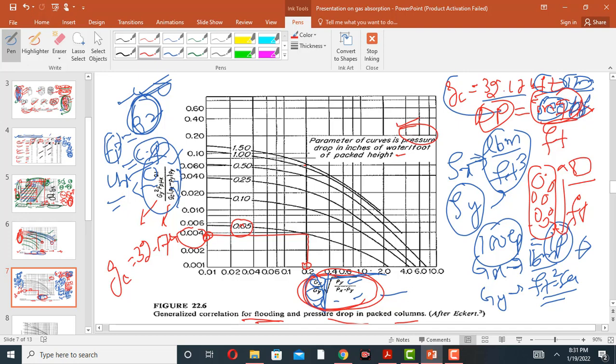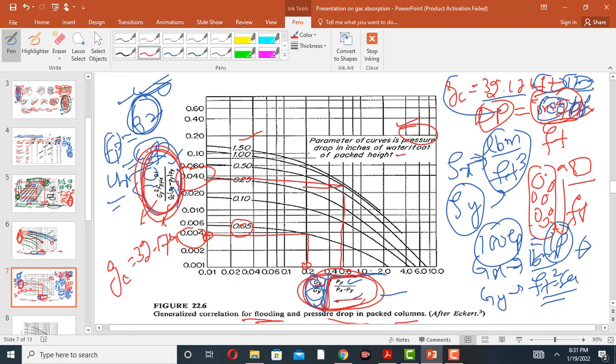Similarly, when the value of Gx divided by Gy into the root of rho y divided by rho x minus rho y is 0.6, and the pressure drop is 1.5, then what will be the value of the y-axis? That will simply come to this side, nearly 0.004.